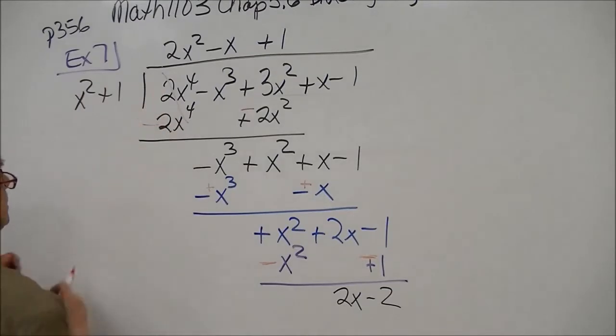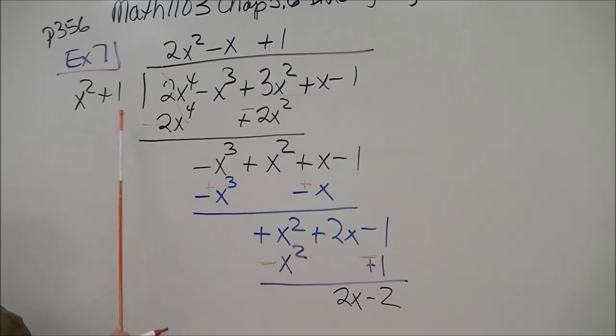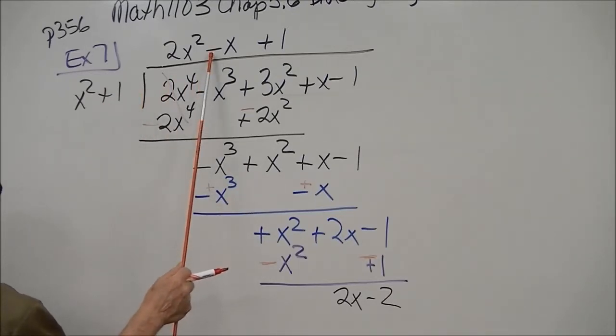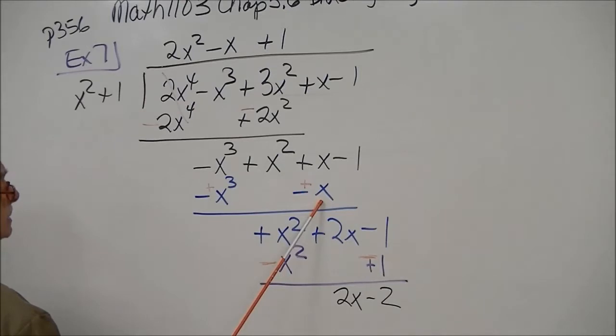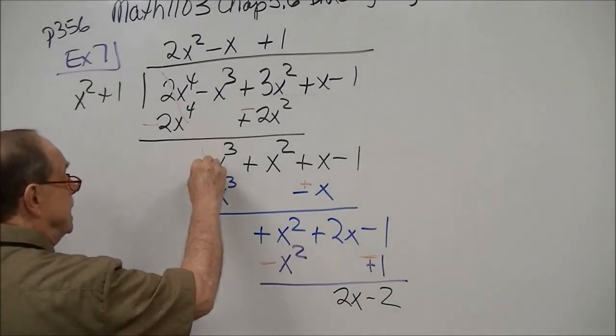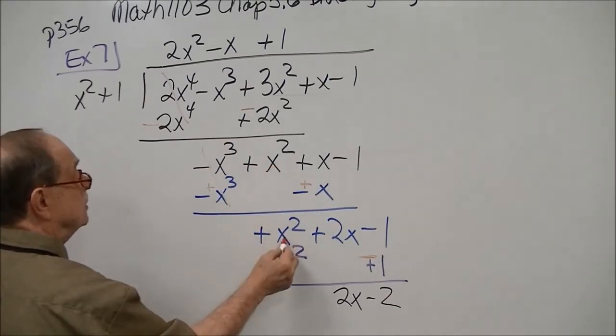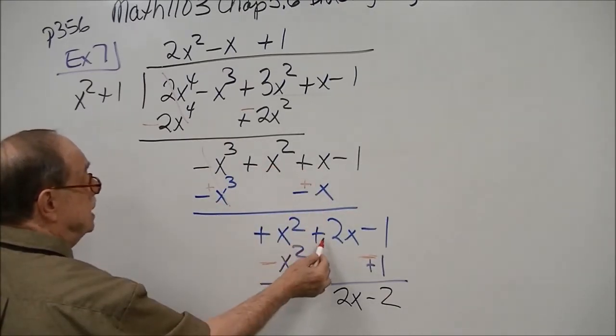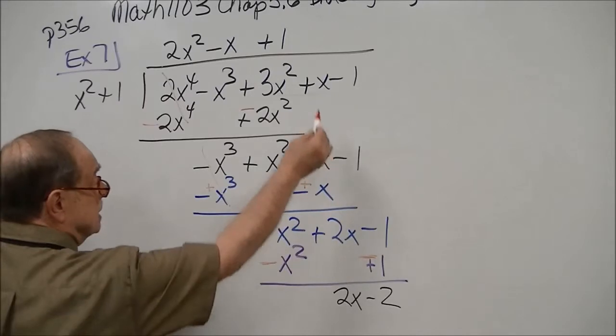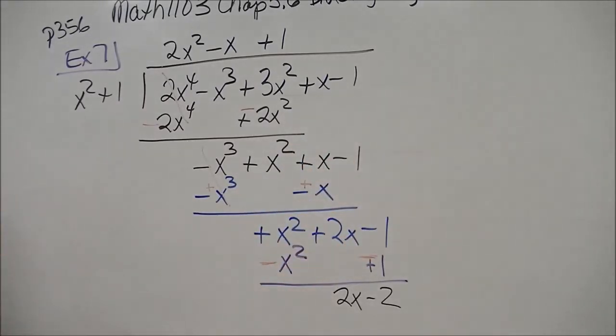So this times this gives you that. Nothing happens there, but a positive 1 times that gives me a negative x. I change my signs. These cancel out. This comes down. This ends up being a positive 2x, and I bring down the 1.